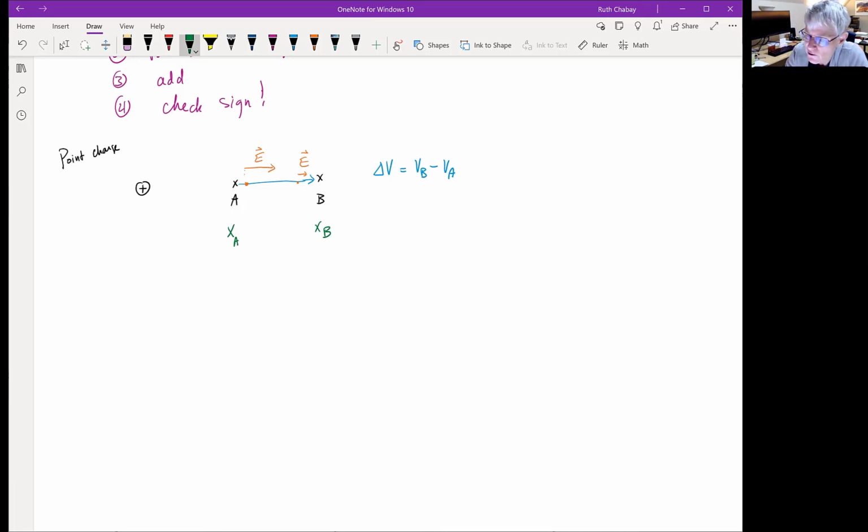And what we would do if we're doing it numerically is we divide up our path into lots of little pieces, lots of little delta L's, and then we calculate the electric field at the center of each one, and we calculate lots of little minus E dot delta L's and add them up.